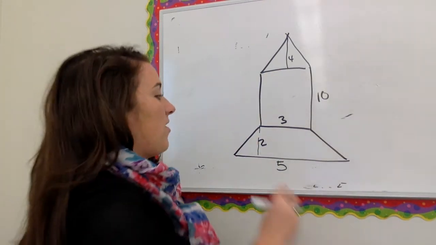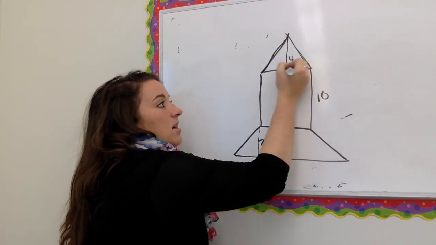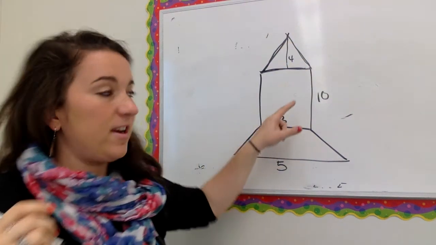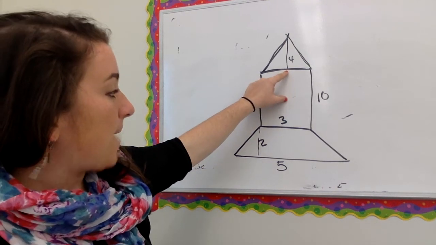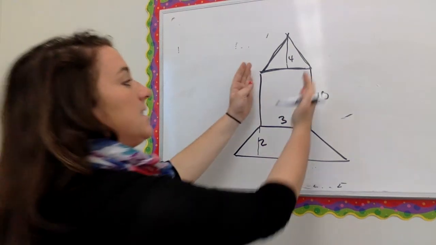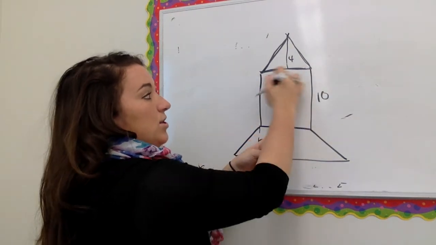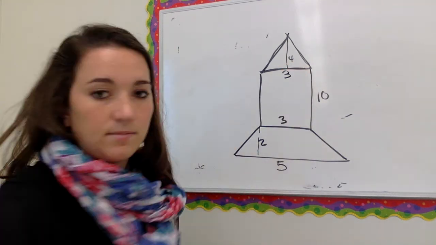So I'm going to start with up here. So I see in this triangle up top, I already know the height. I need to figure out what this base is in order to find the area in this triangle. So the base is going to be the same as the other side of this rectangle because this center part is a rectangle. So this side is going to be the same as this side.